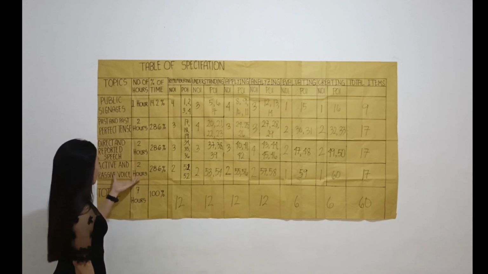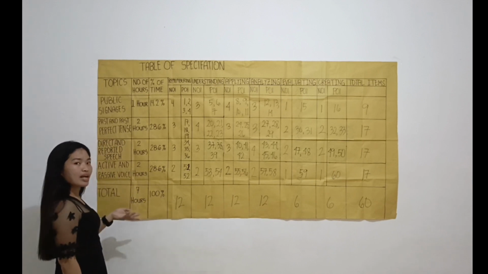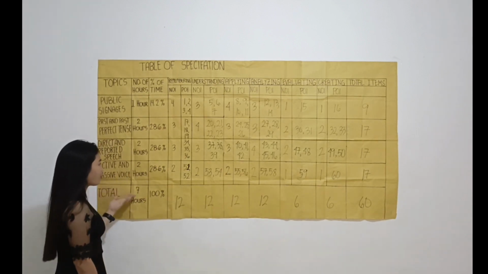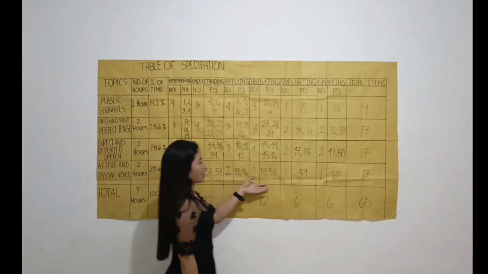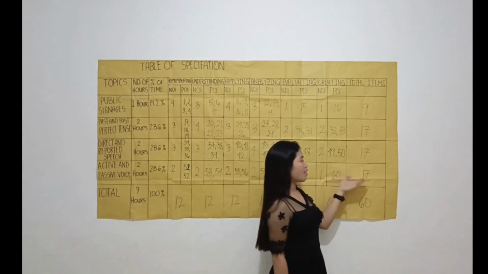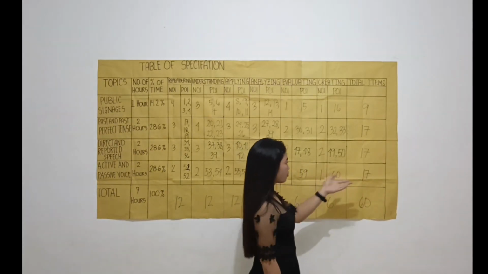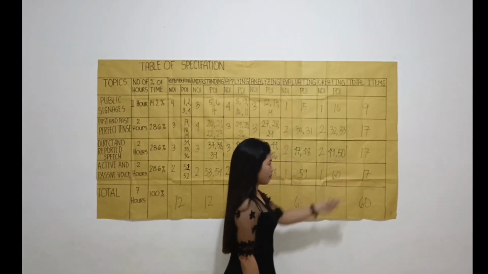So the same goes for another topic, active and passive voice. The same thing will be applied, and it will be a total of 17 items.